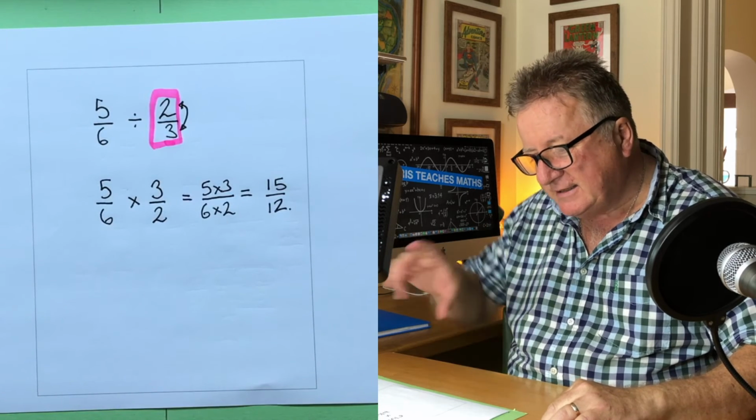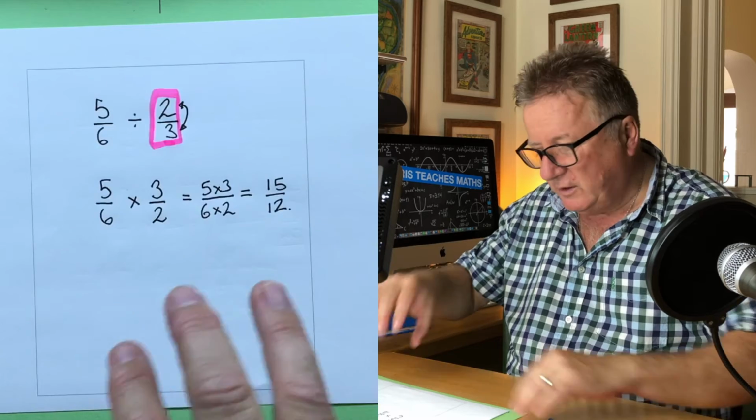So this is something students find difficult in exams. So be sure to practice that and be sure about your methods. I'm going to finish now with a division with a mixed fraction because that is the hardest of them.